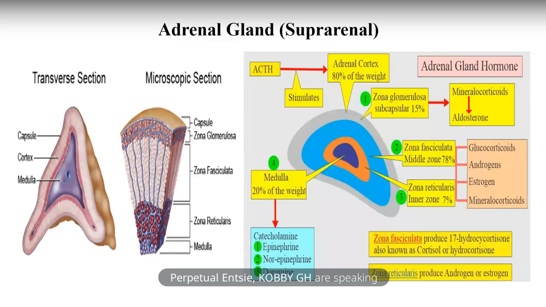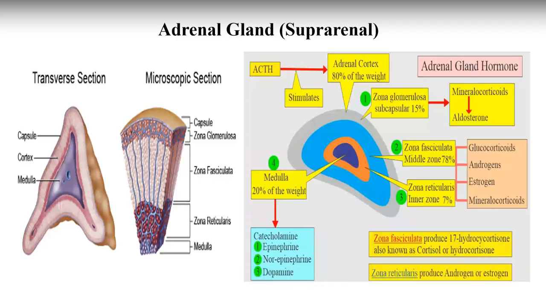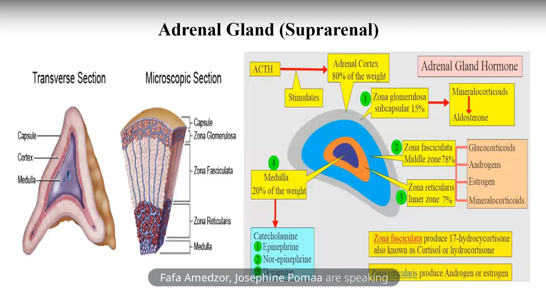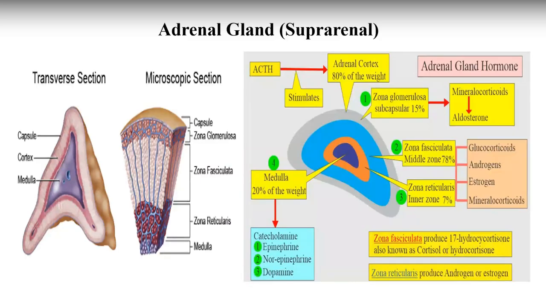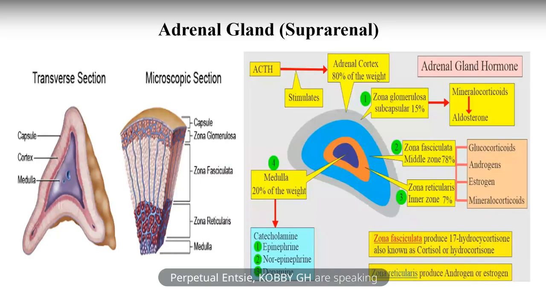dihydroepiandrosterone. Okay. What hormones does the zona fasciculata produce? Yes. Simple. Cortisol. Just say cortisol. If you want to say glucocorticoids too, that is fine. But simple, say cortisol. Okay. What hormones does the zona glomerulosa produce?